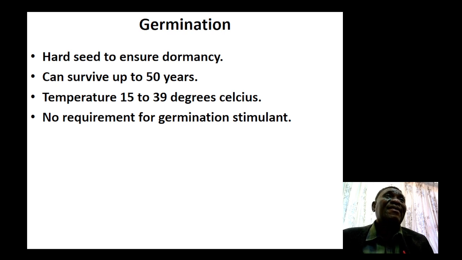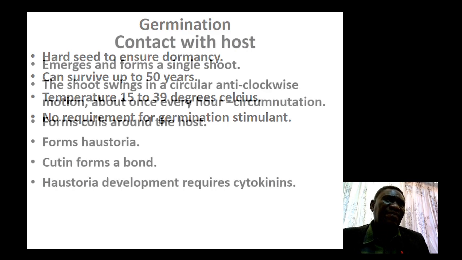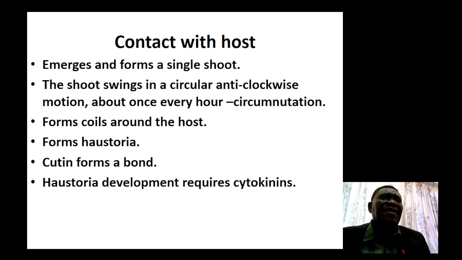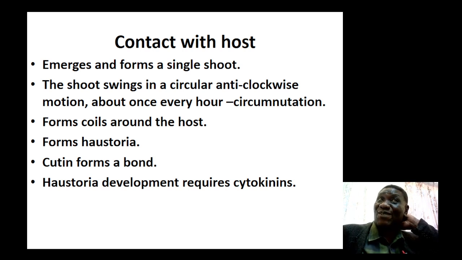Again, as I have said, you can start with hard seeds, which are dormant and can survive up to 50 years. Of course, a temperature range of 15 to 39 degrees Celsius could facilitate germination, but the key point is there is no requirement for a germination stimulant. This is a shoot parasite, not a root parasite.